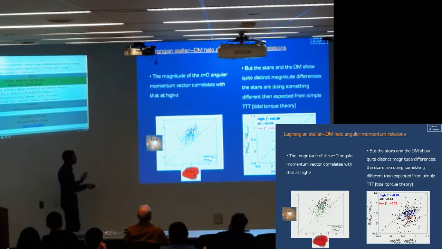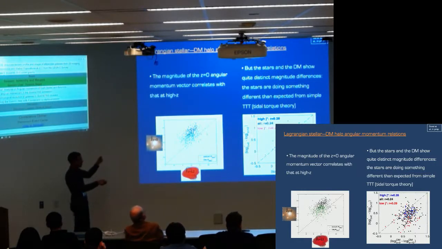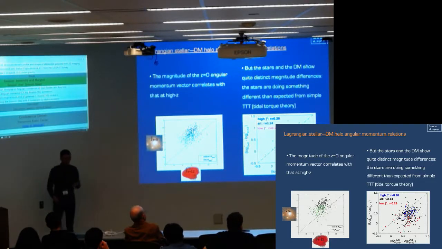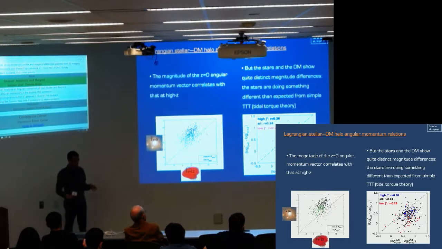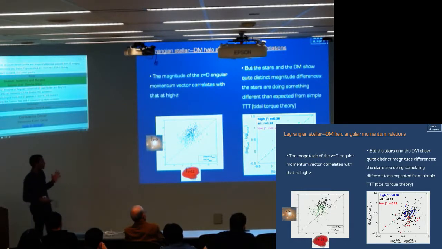But if we compare the evolution for the stars, so the difference between redshift 0 and high redshift, and the evolution for the dark matter, we see almost no correlation, even for the disk galaxies. So this means that the angular momentum evolution of the stars and the dark matter is not the same.